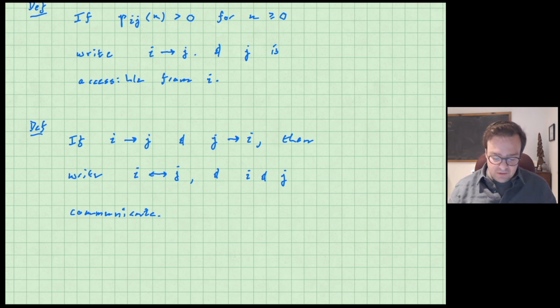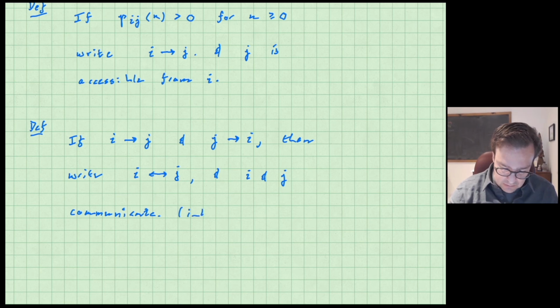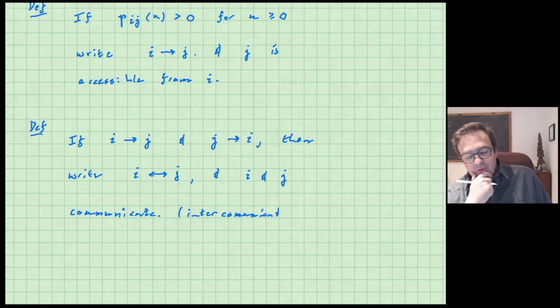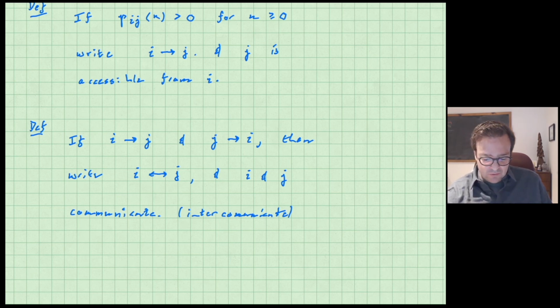Sometimes people say intercommunicate. I think I've seen this before in books where for the first one, they say i communicates with j. That's the first one, means this one over here. And for this guy over here, they say i and j communicate.